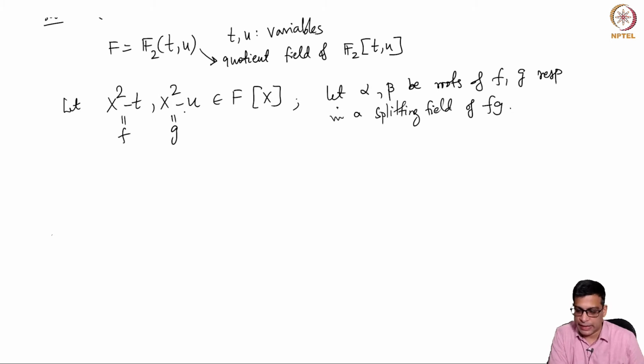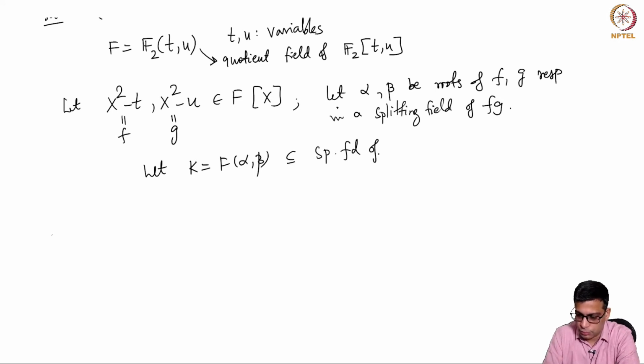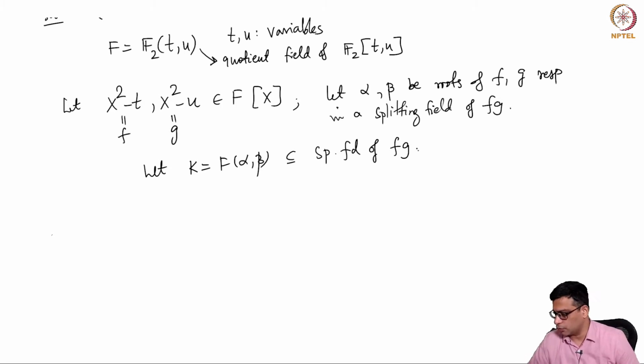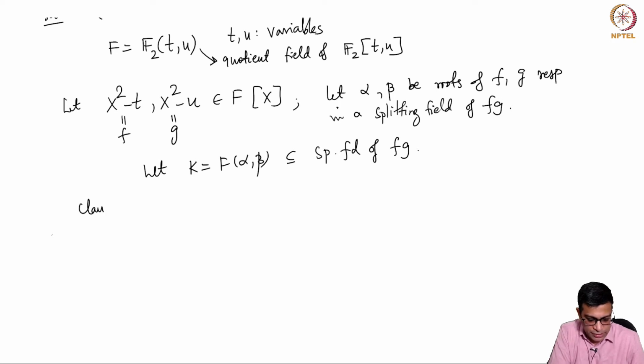So alpha squared is t, beta squared is u. Now let K be F(alpha, beta). This is inside that splitting field. This is in fact the splitting field, as you will see if you think about it, but I don't care. So now my claim is K over F does the job for us.